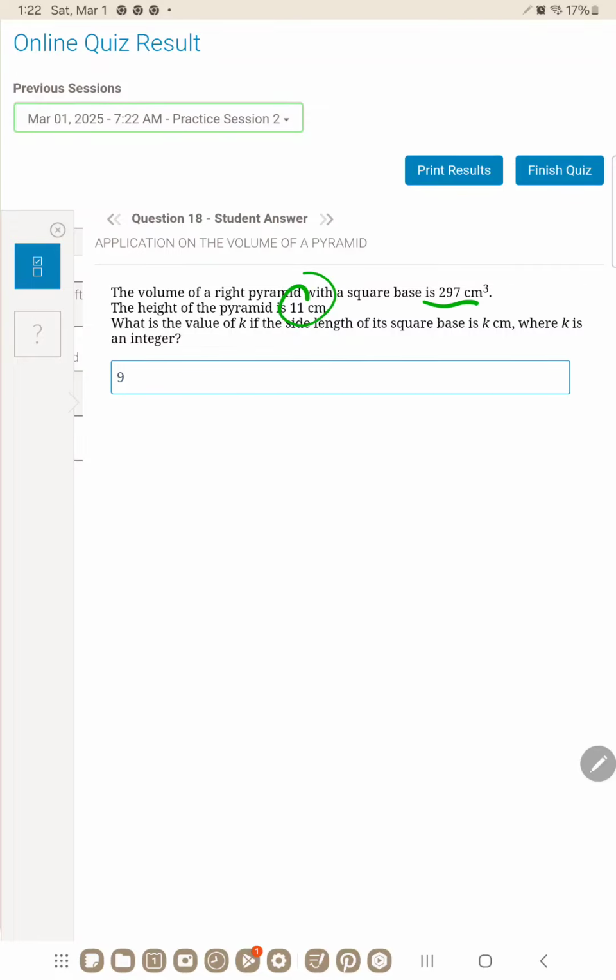So what's happening here is we need to use the volume of the pyramid, which is a third area of the base, which is a square. So it's side squared times height, right? So the volume is 297 equals a third of side squared times the height, which is 11.